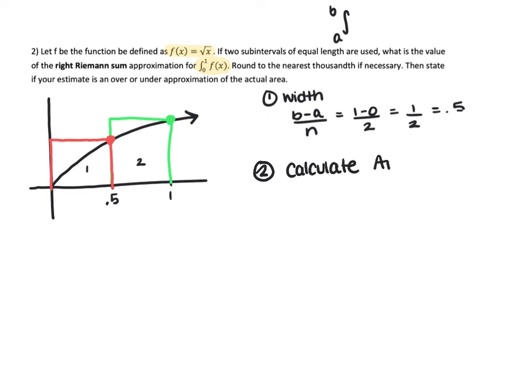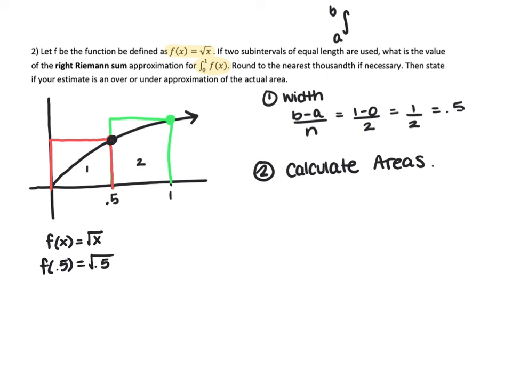All right, so the first rectangle, the width we know is 0.5, and now this height. Well, this height is the y value of whatever 0.5 is when we plug it in. So just to show you, we have a function f of x, and it's radical x. So if I want f of 0.5, all I'm going to have to do is plug in 0.5 underneath the radical.